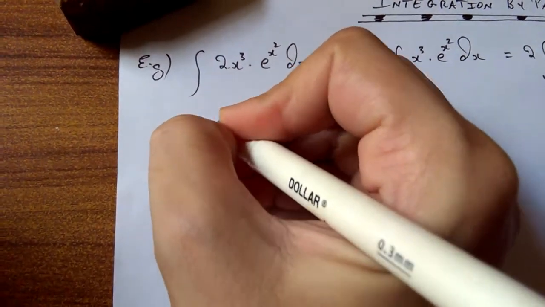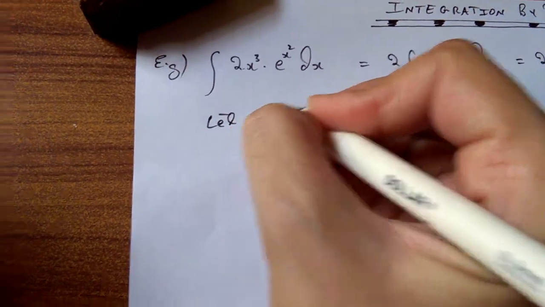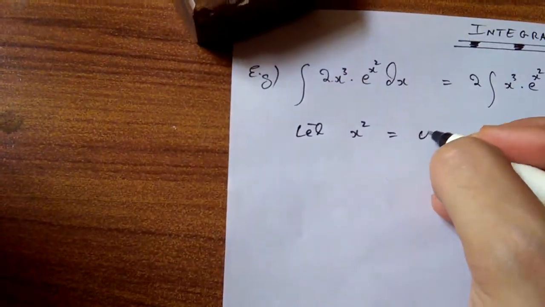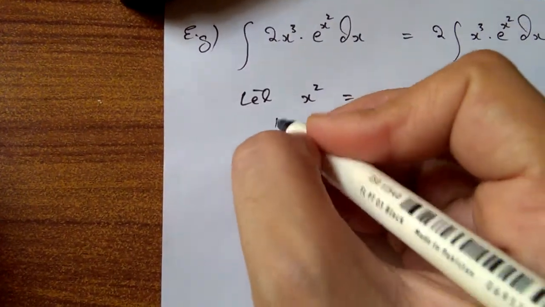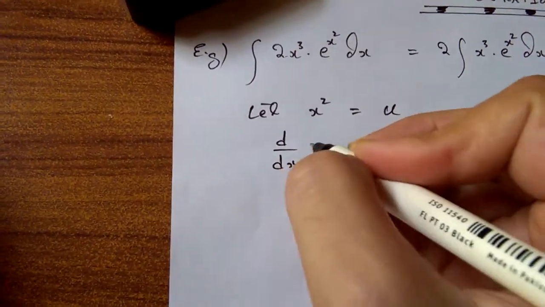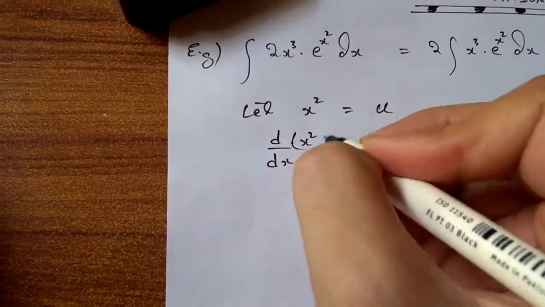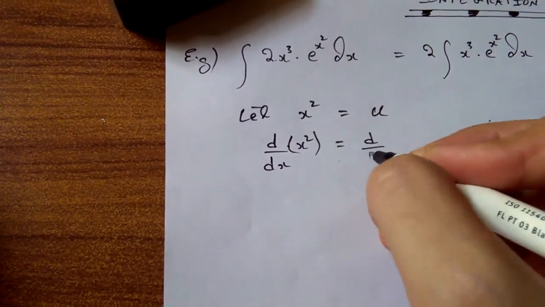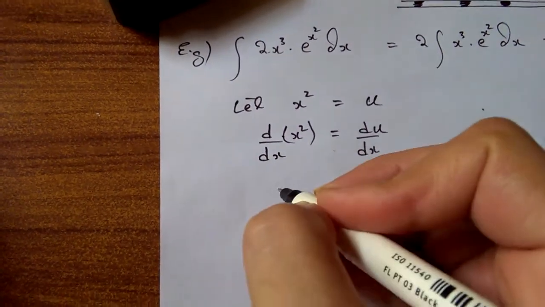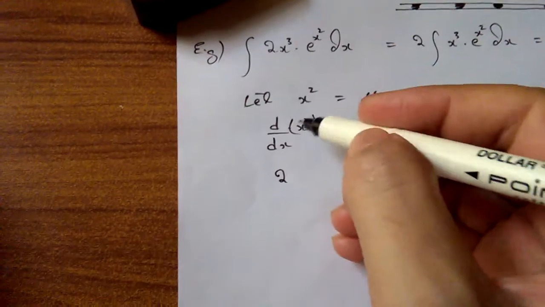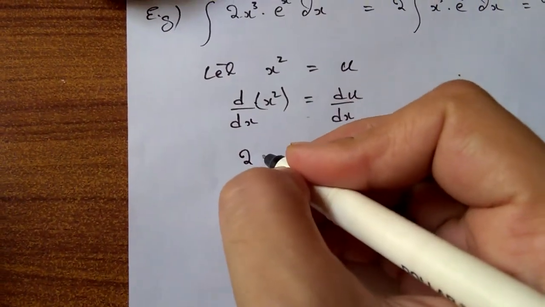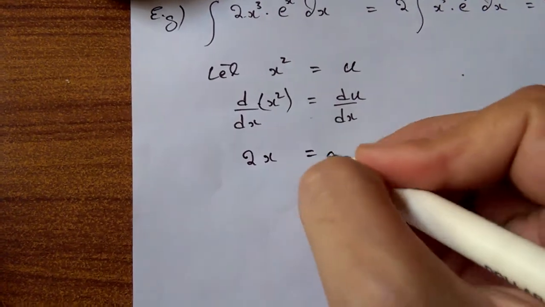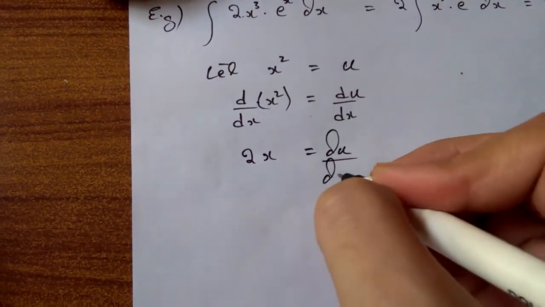So let x squared equal u. Then just differentiate both sides with respect to x. Using the formula for the derivative of x to the n, which is n times x to the n minus 1, it comes out to be this, and it is du by dx.